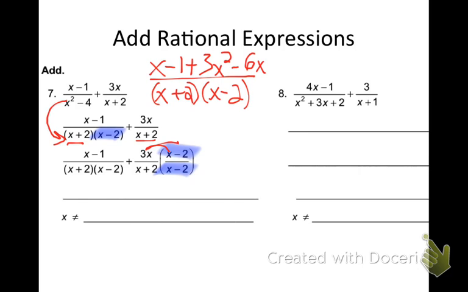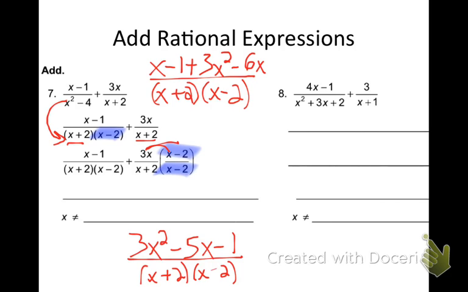And now I'm going to look to simplify my numerator, combine like terms. And when I do combine like terms, I always want to write it in standard form. The standard form means the highest exponent comes first. So standard form would give me 3x squared minus 5x minus 1 all over x plus 2, x minus 2. And x cannot equal what two values here, Phil?